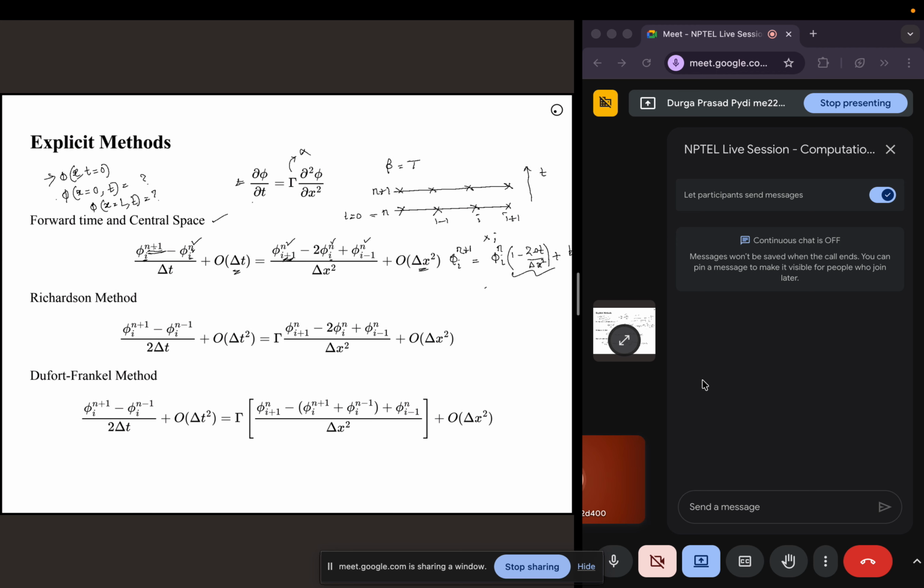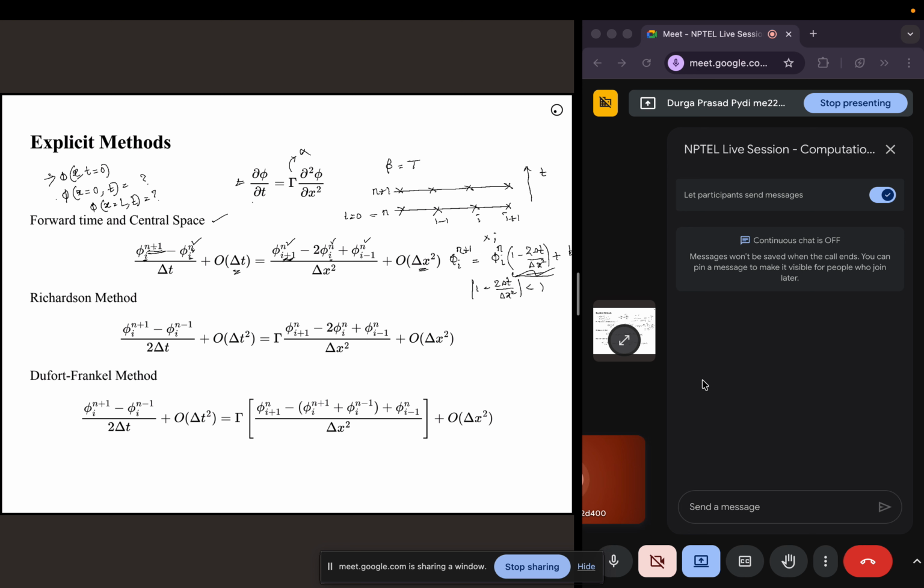But in the problems we usually deal with, where phi is not continuously growing and eventually reaches some stable value, we need to choose a scheme such that the modulus of a is less than 1. That will give us a restriction on the value of delta t that we can take for a given value of delta x. Of course, this is very rudimentary.